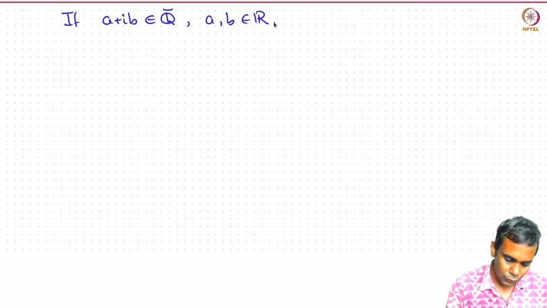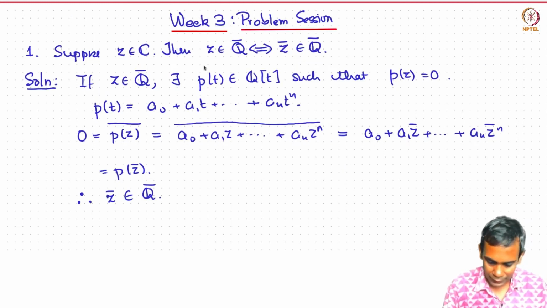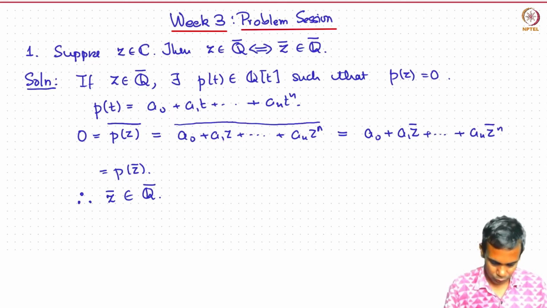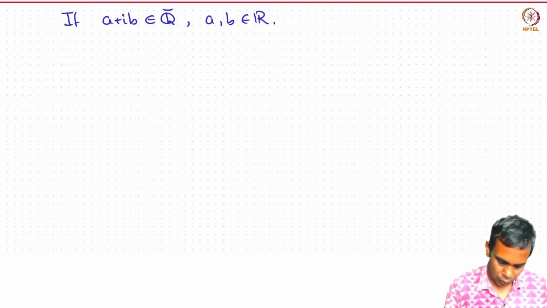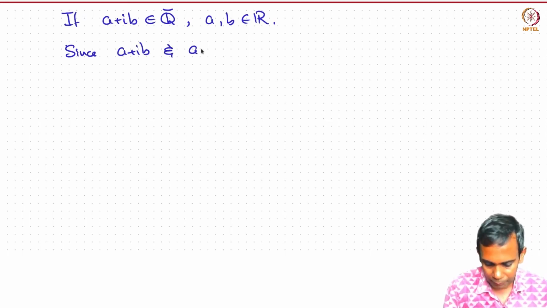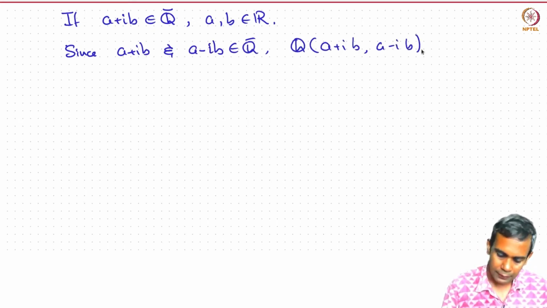So first we'll use problem 1. Problem 1 says that if A plus iB belongs to Q bar, then A minus iB also belongs to Q bar. So what we have is, since A plus iB and A minus iB belong to Q bar, we have Q(A plus iB, A minus iB) is a finite extension of Q.